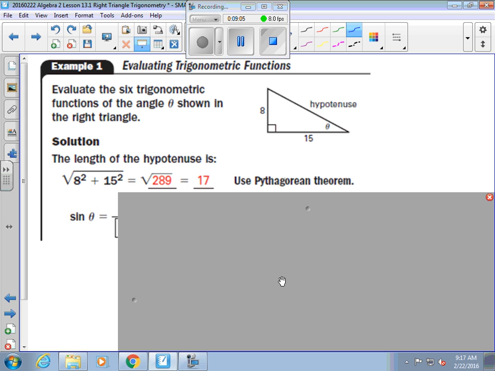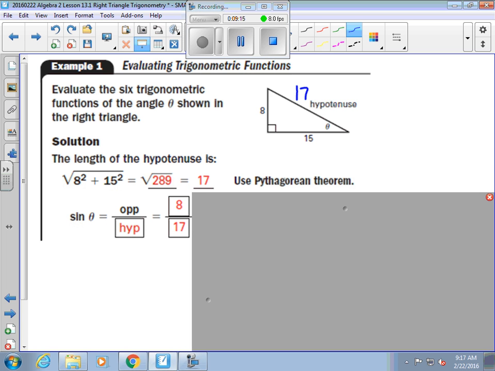When you're doing the trig functions of theta, now that you have a value right here, 17, you're going to do them as sine, cosine, and tangent. Sine, according to Chief SOHCAHTOA, is SOH, so opposite over hypotenuse. The opposite of theta, in this case, is 8, and the hypotenuse we just found is 17.